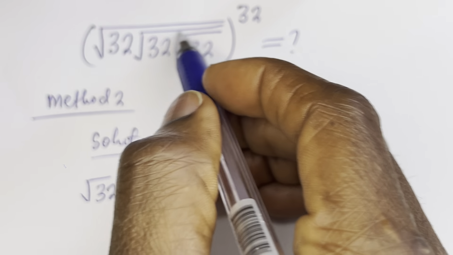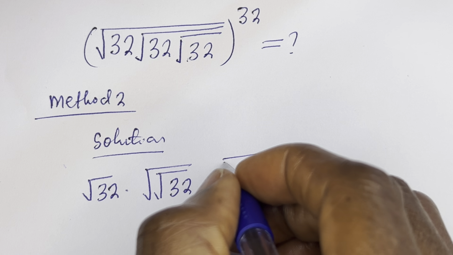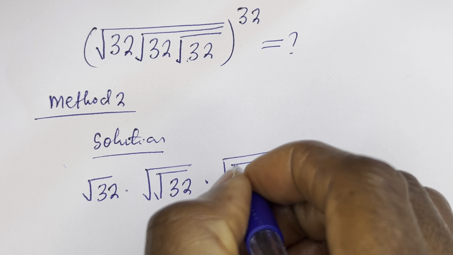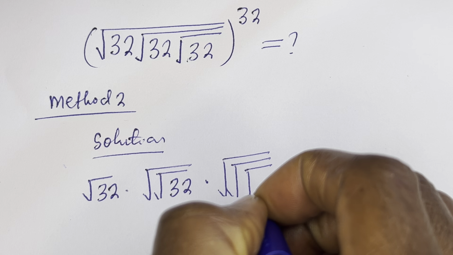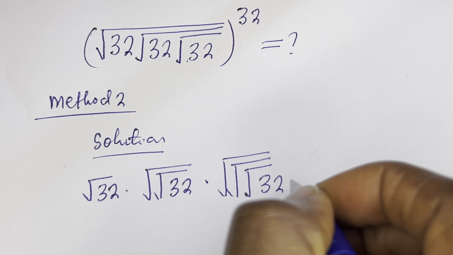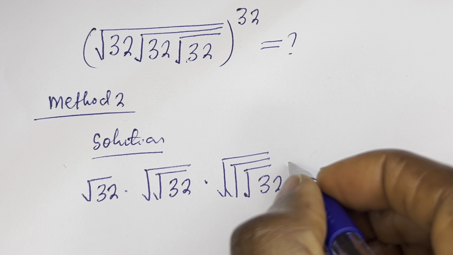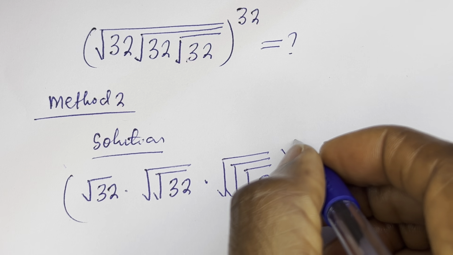This is square root, square root, square root. We have square root of 32, all to the power of 32.